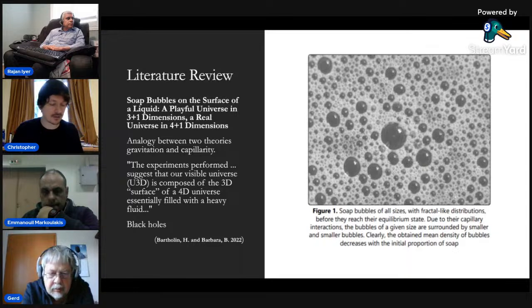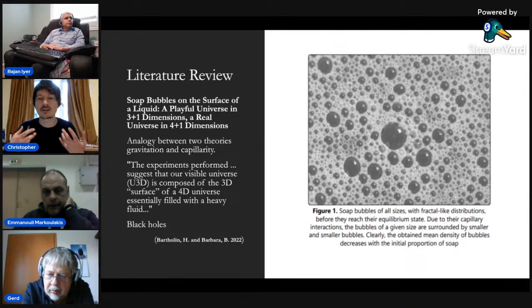So their concept here is that they think the universe is a three-dimensional universe, obviously, as a 3D surface of a 4D bulk space. So it's like the surface tension of a liquid. There's a 4D bulk space, and then our own space is like the surface. So that's interesting.